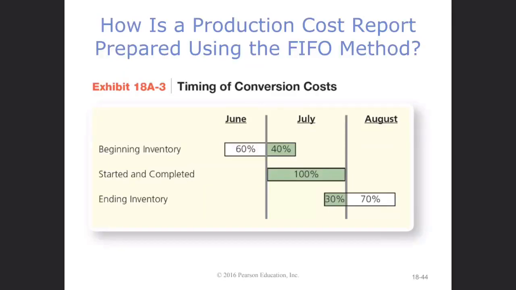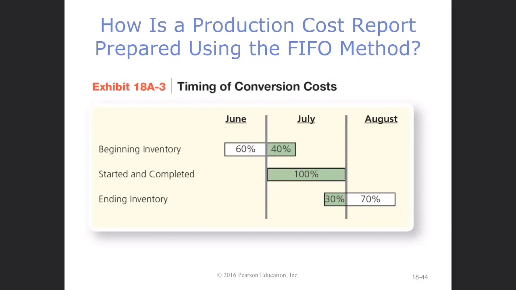So here we see our beginning inventory. In June, we had 60% in our beginning inventory account; 60% of our inventory was from June, and 40% of our inventory was from July.